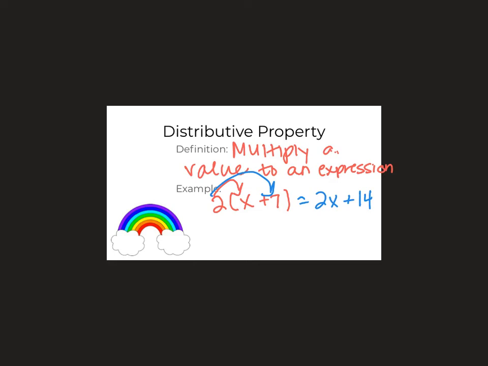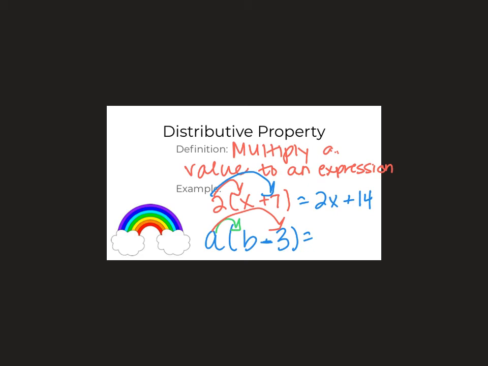We can also do this with a variable first. We can multiply a variable by what's on the inside here. So we're going to use our rainbow rule and multiply the outside by each one on the inside. That's important.